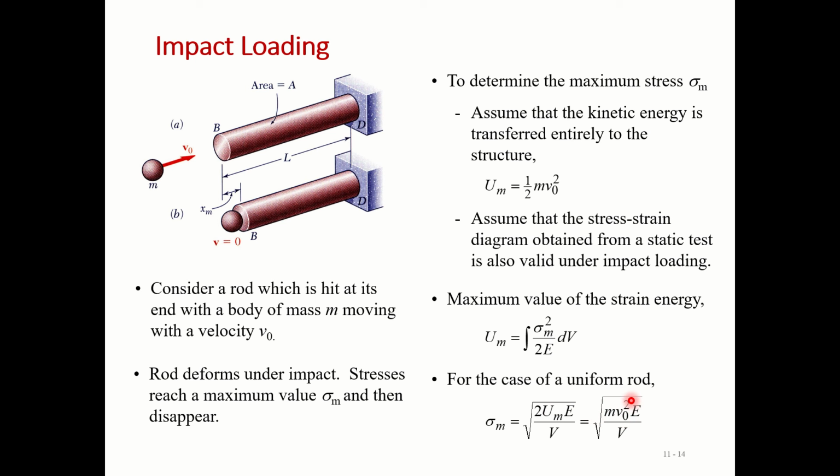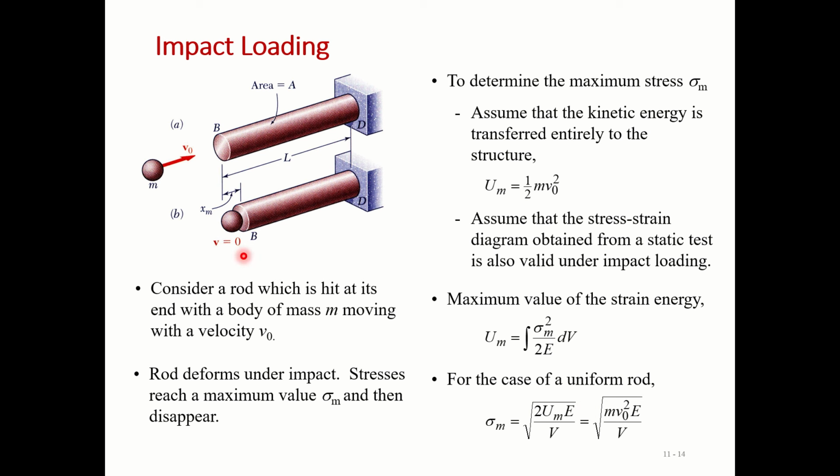So these are the properties of the object which is hitting the other object. And E and V are the material and geometric properties of the object which is hit by another object. So this stress depends upon these parameters.